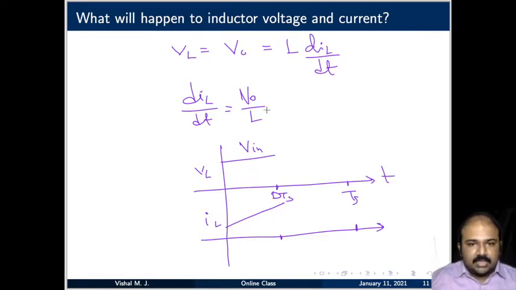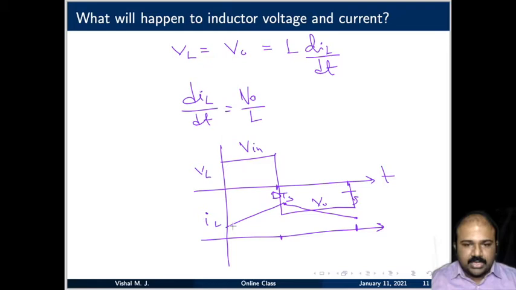Now, what happens is that dIL, this one experiences V0, but V0 is not a positive quantity, V0 is a negative quantity. So, this is V0. What happens to the current? Since the rate of change of current is negative, it will fall linearly and come back to the same IL min. Okay, that is why the system has attained steady state.